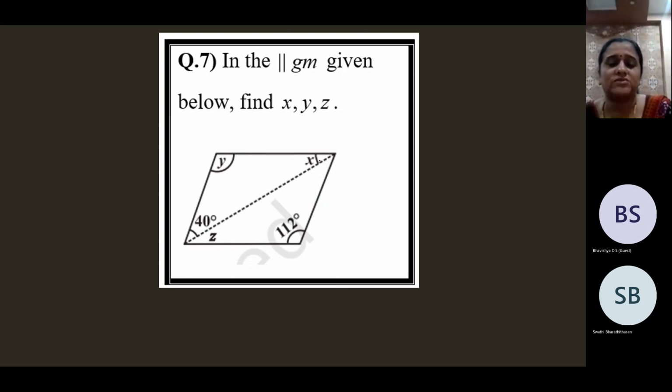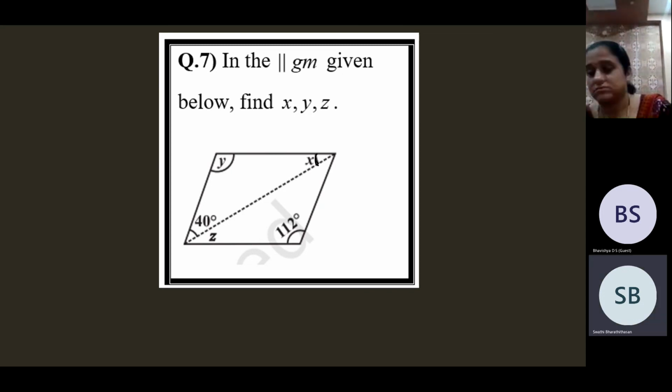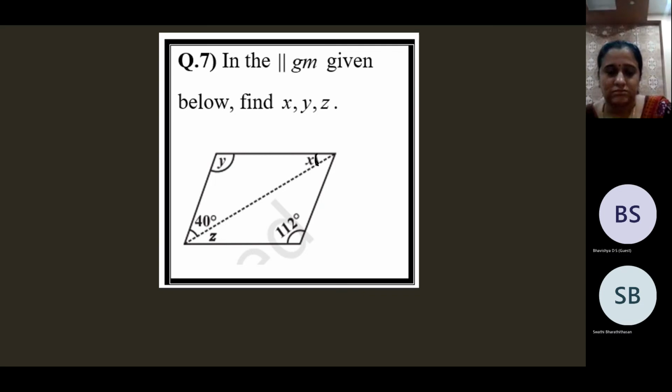First, X, how much is X? We can find it like 40 plus Z equals 112 degrees, ma'am. 40 plus Z is not equal to 112. What is the property there, Swati, according to you?